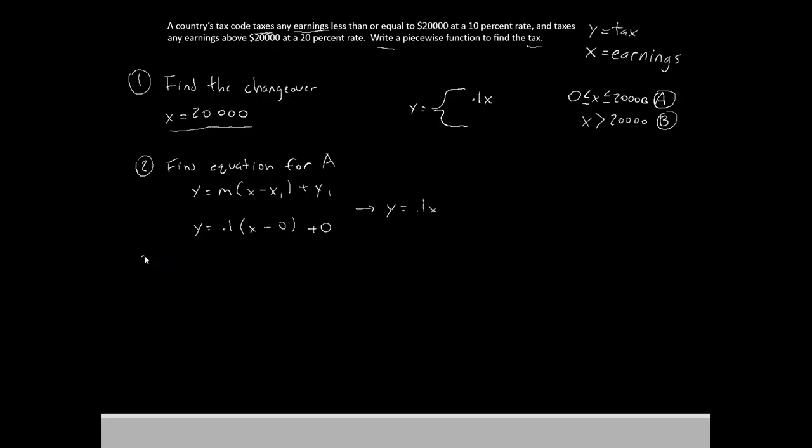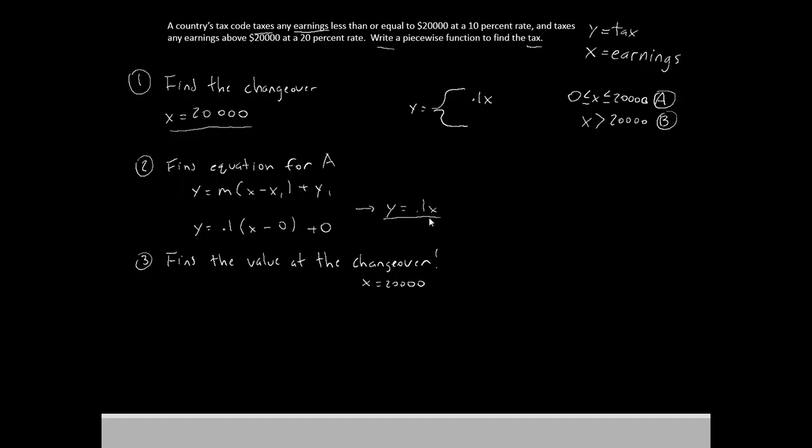Now that we know what the line is, our next task will be to find the value at the changeover point. Once we have the value at the changeover point, we'll be able to write the second equation a lot easier. Well, we know that the changeover is x equals 20,000.